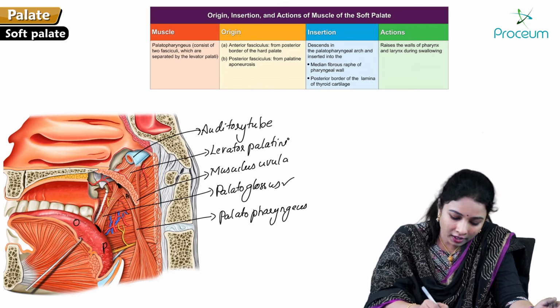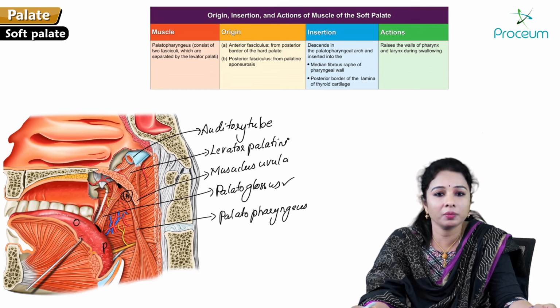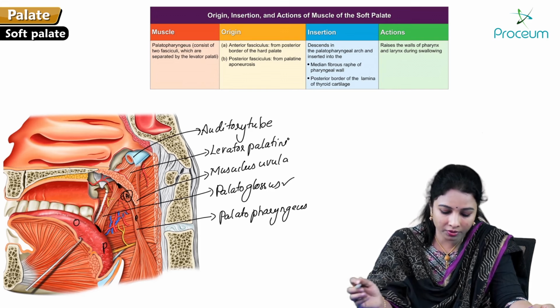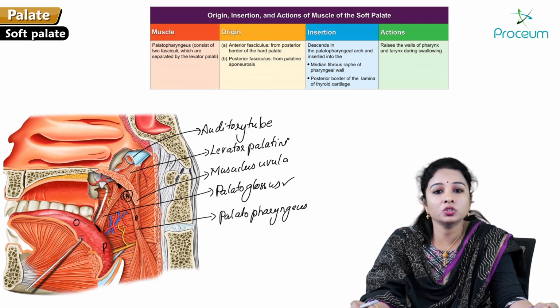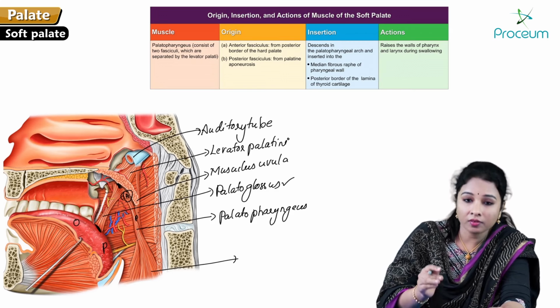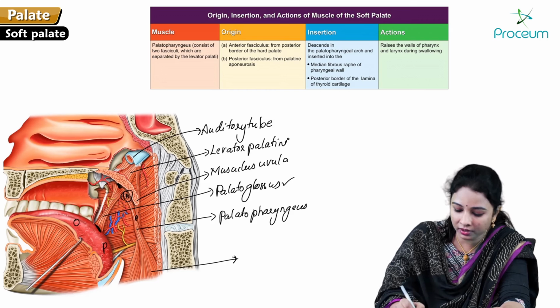Here is the anterior fasciculus, which arises from the posterior part of the hard palate, and the posterior fasciculus from the palatine aponeurosis. Both merge to form the palatopharyngeal arch, which is inserted into the median raphe of the pharyngeal wall.